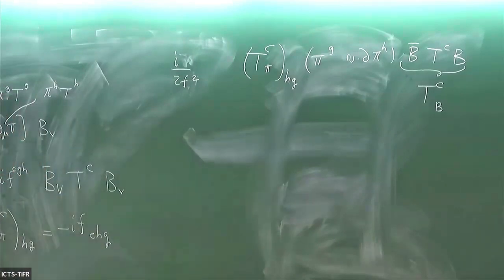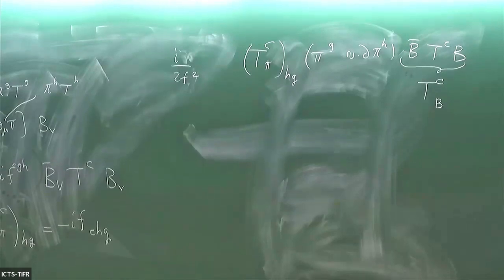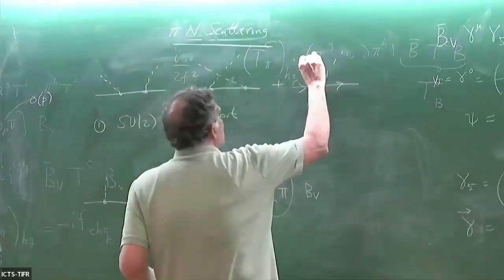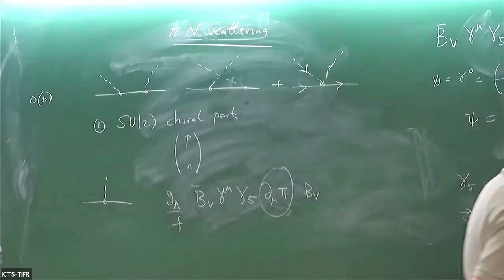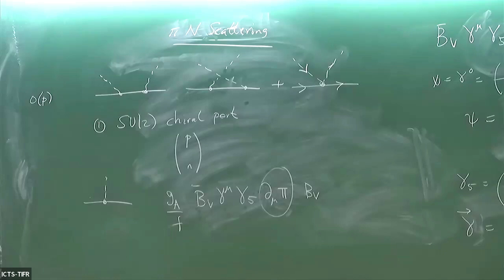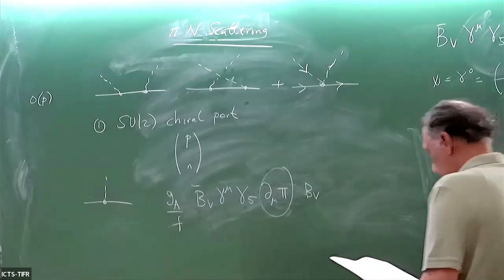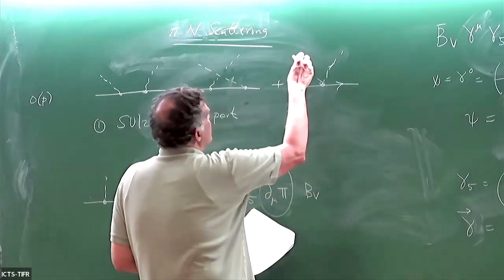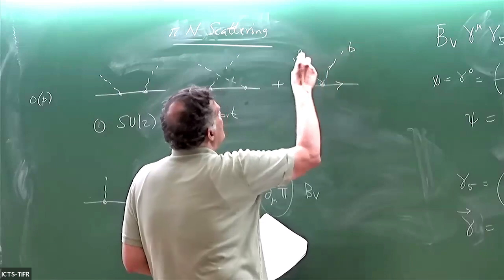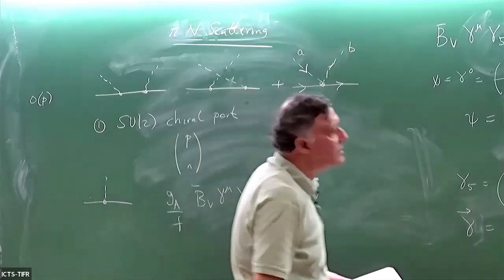And now I want the matrix element of this object here. So here's the initial baryon, here's the final baryon, here's a pion coming in, here's a pion coming out. And let's see if I can get the sign right. So I said that, what did I do here? Okay, so let's say pion of type A comes in, and a pion of type B goes out.